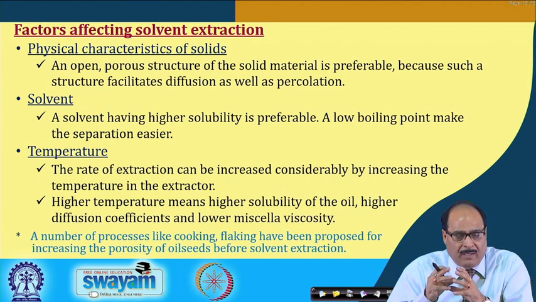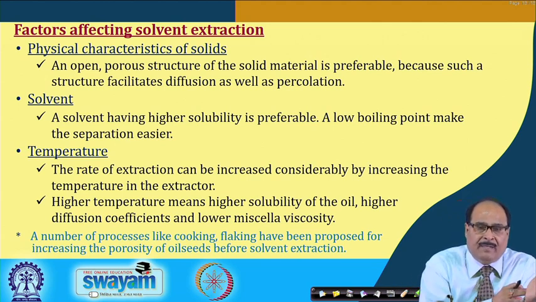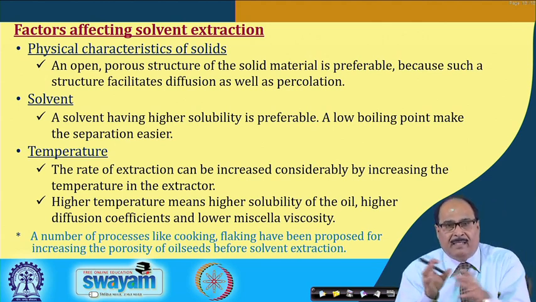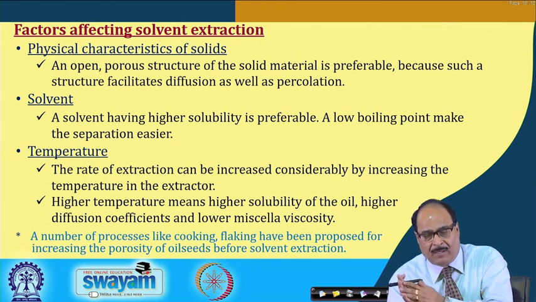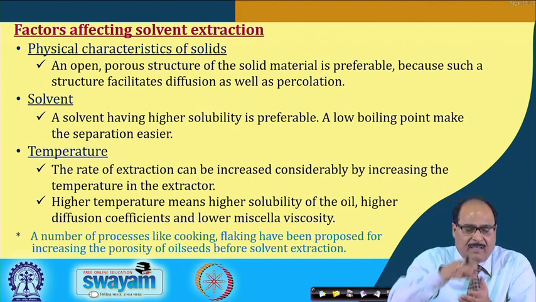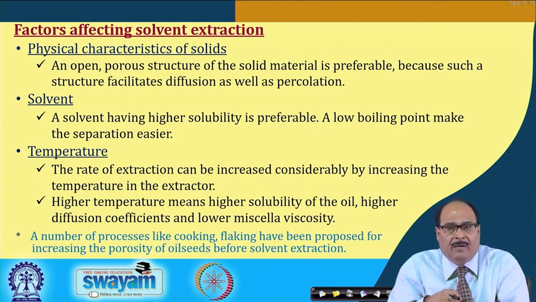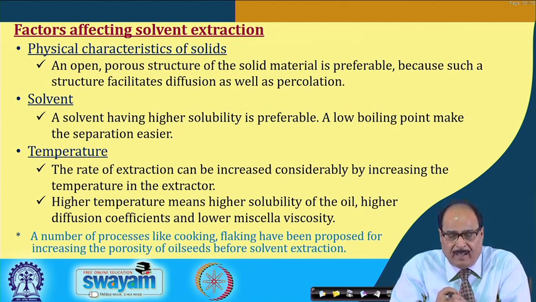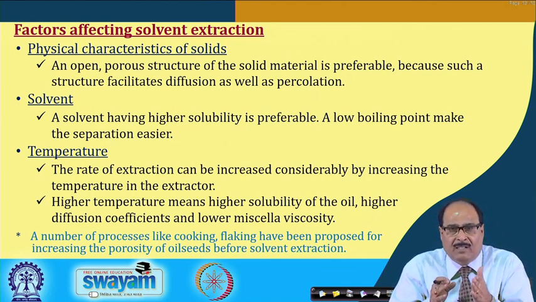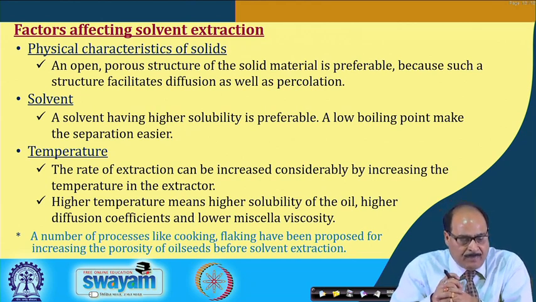An open porous structure of the solid material is preferable, and that is maintained by having proper conditions during the flaking or pelletizing operations. Because if it has a good porous structure, it facilitates the diffusion of the solvent into the solid bed, and it also results in better percolation and ultimately better yield.